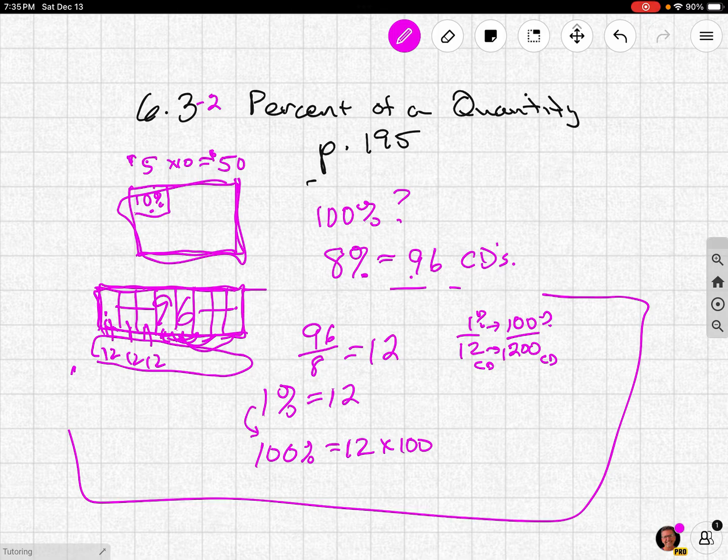If 1% is 12, 1 times 100 is 100, 12 times 100 is 1,200. You can kind of think of it that way. All right, so that's it. Just figure out what 1% is and then multiply it times 100, and that'll tell you how many make up the whole. Pause the video, do number 7, and then turn it back on to see what the solution is.